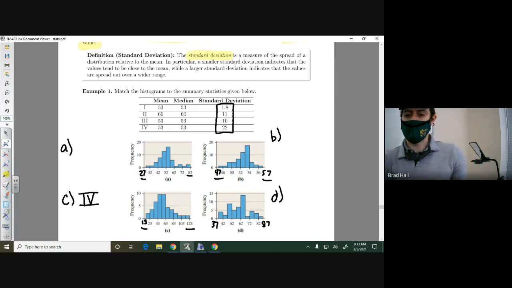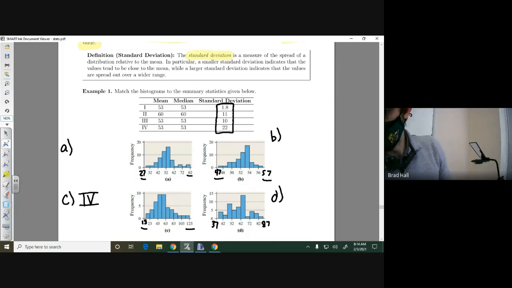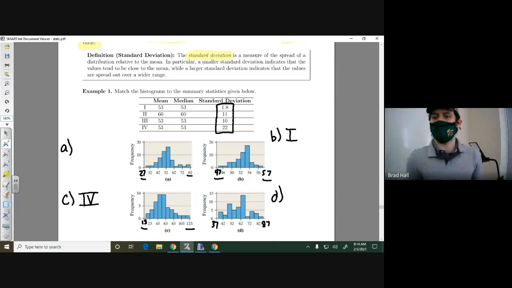Likewise, the smallest range seems to be answer choice B, which I would say is I, because from 47 to 57, in comparison to the rest of these, it has the smallest spread of values for which the standard deviation has to account in relation to the mean.